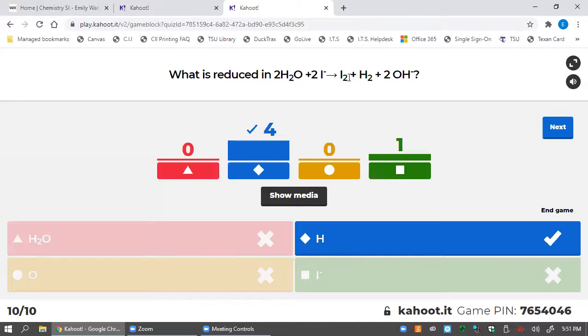We have a +1 here, and then we go to 0. And if you were still looking at the other H, what is this H here? -1. Either one you look at, it gets reduced, right? It goes from a positive to 0 to negative, so it's hydrogen.